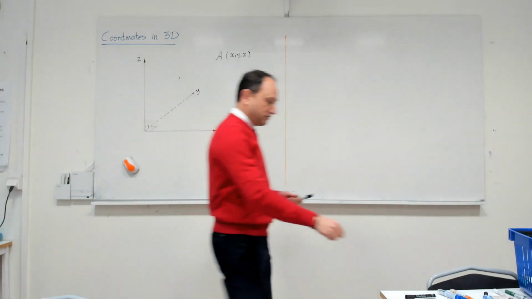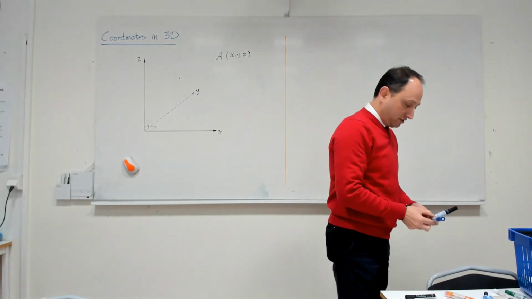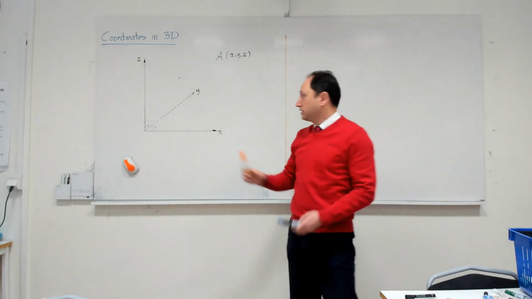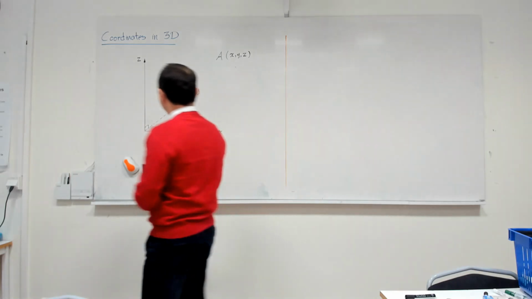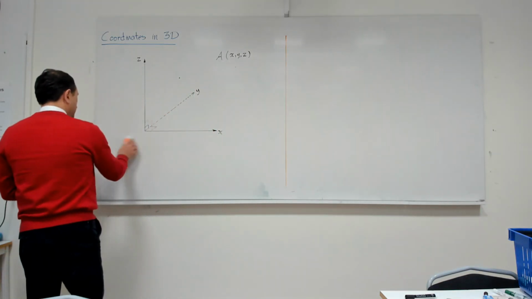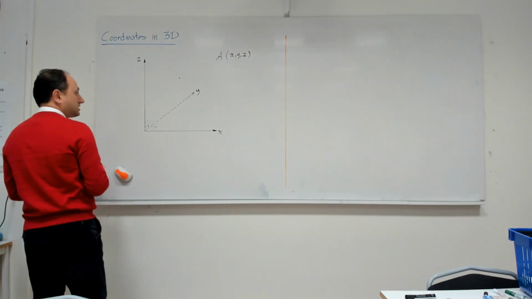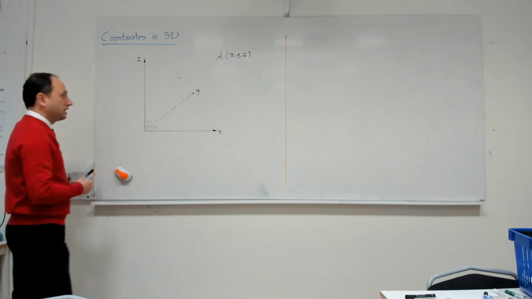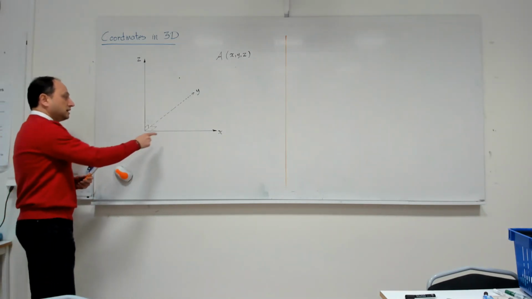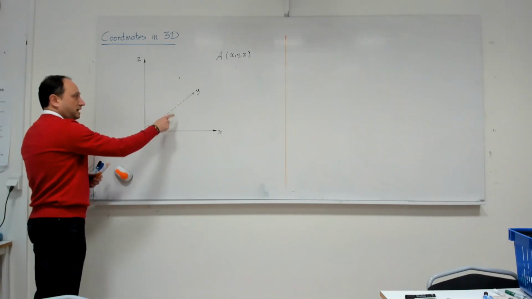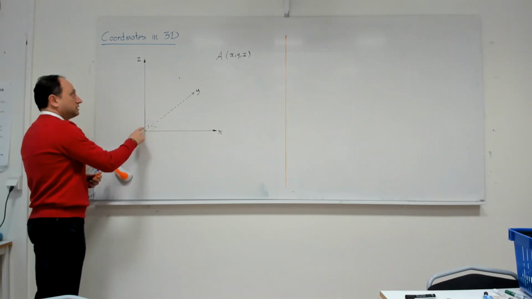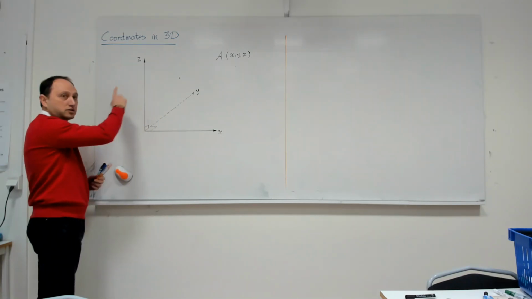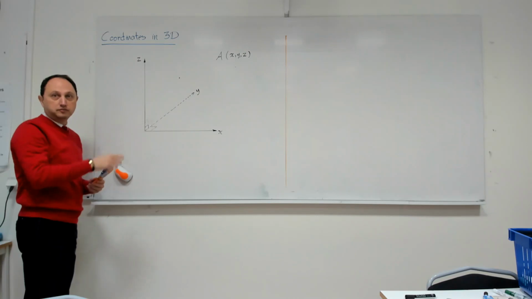So if I have these three axes here, and by the way, what is very important, we always work with a right-handed coordinate system. The meaning of right-handed coordinate system is that you have two axes, x and y, and then you can have two different directions for choosing the positive z.